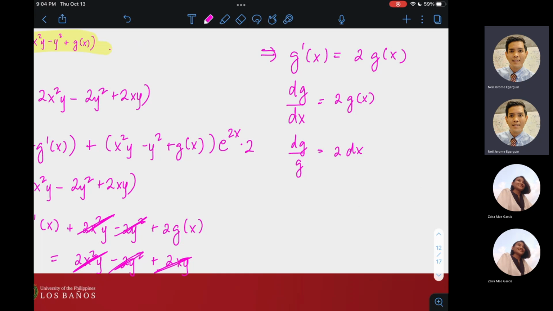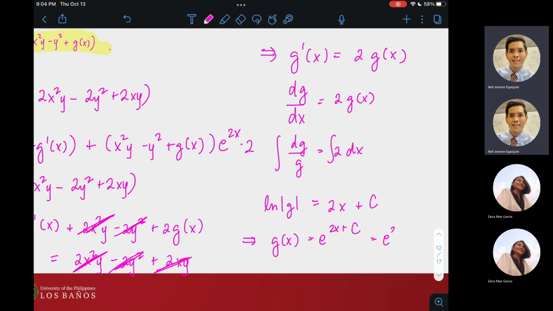And then now I integrate. Okay, so if I integrate, the left side is ln, absolute value of g. And then the right side would be 2x plus an arbitrary constant c. All right? Tapos gagamitin ko both sides as an exponent for e. So that means g of x will be equal to e to the 2x plus c.